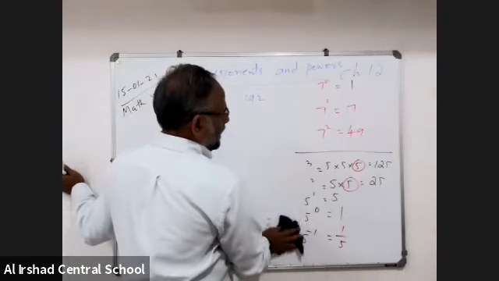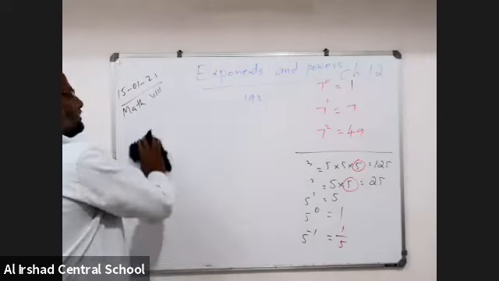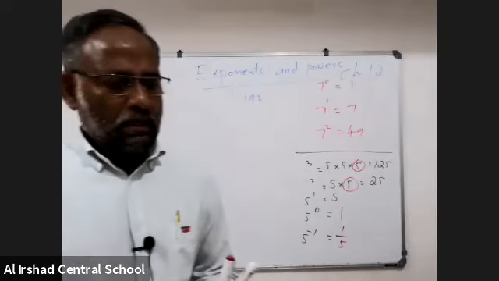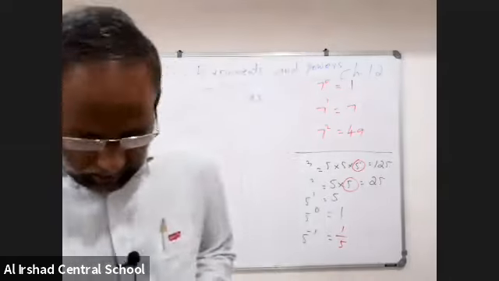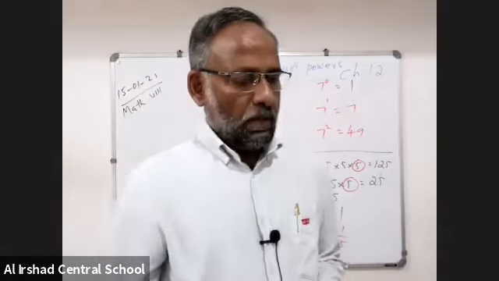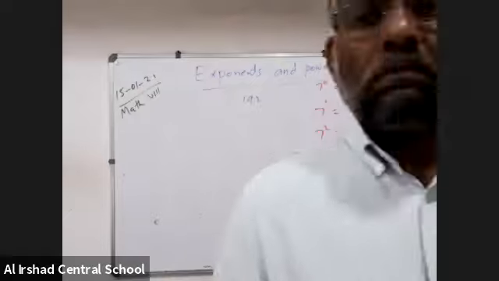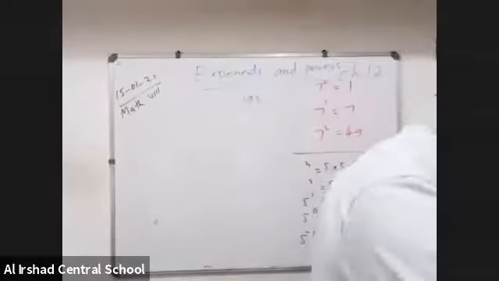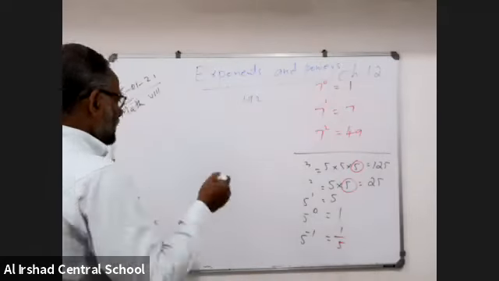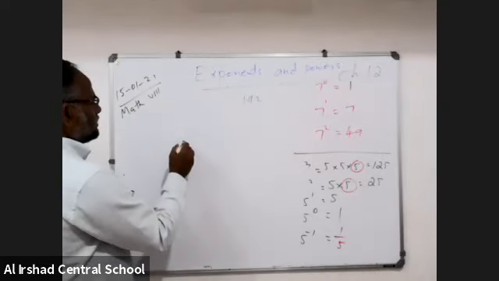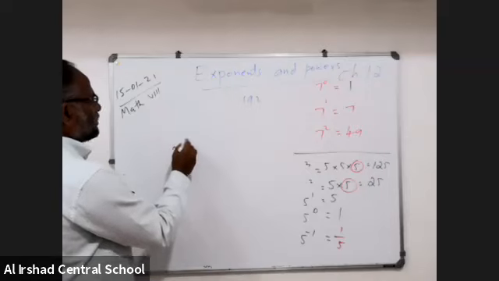Now open the textbook. In the textbook, you can see on the right side, 10 raised to 24 again. So 10 raised to 24 or 5 raised to 7 or 5 raised to 6 or 5 raised to 9.